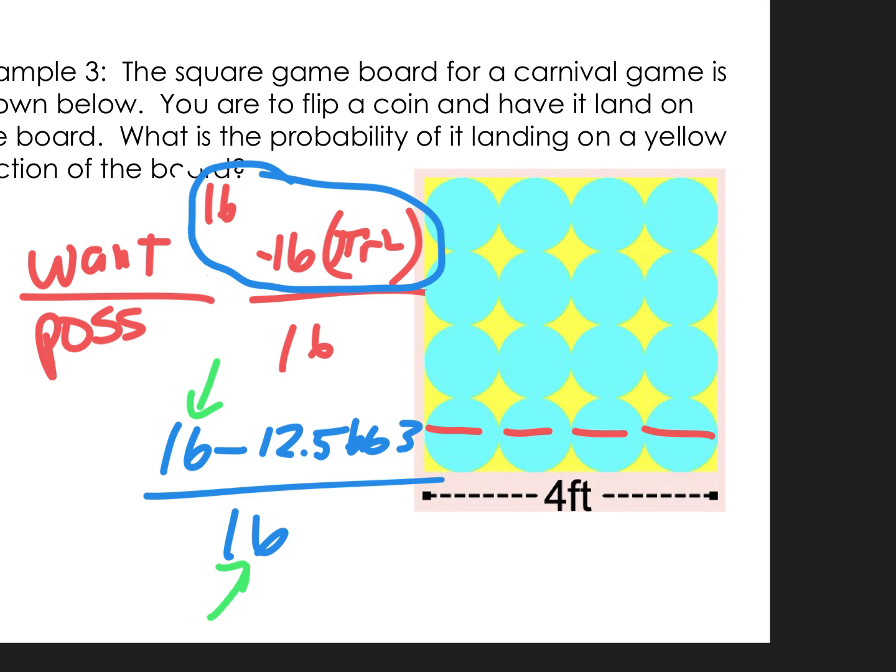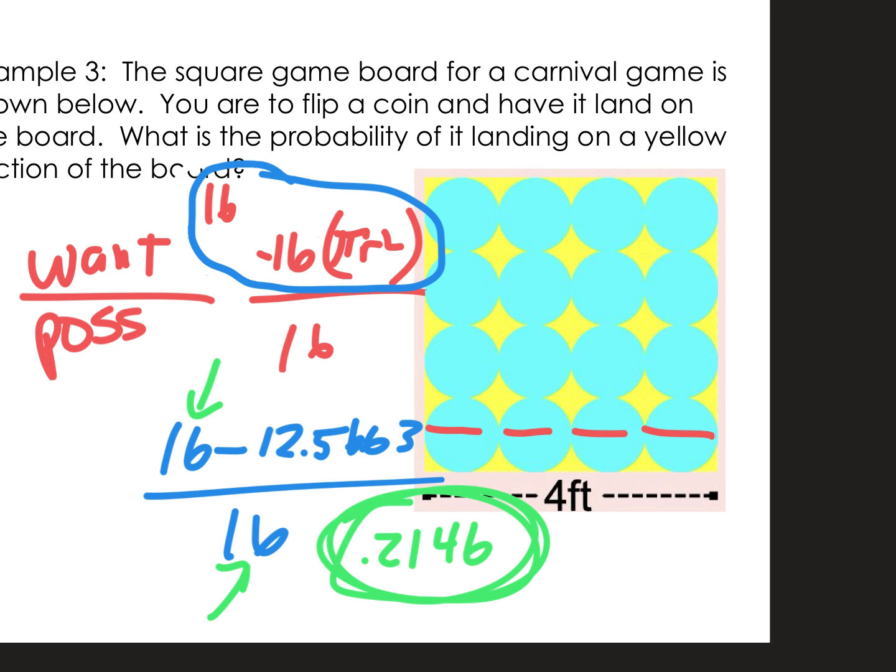What is 16 minus 12.5663? 16 minus 12.5663, what is that divided by 16? 0.2146. Anybody get the same thing as I did? All right. I'm not surprised that I don't have too many hands because this is a tricky question. But 21% chance that you're going to land in the yellow.